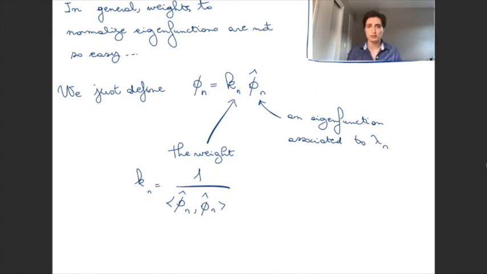The integrals can be either very hard to compute or just impossible to compute analytically. In this case, we just introduced the weight and we just defined the weight to be 1 over the inner product of the eigenfunction by itself, and there is a square root missing in here.